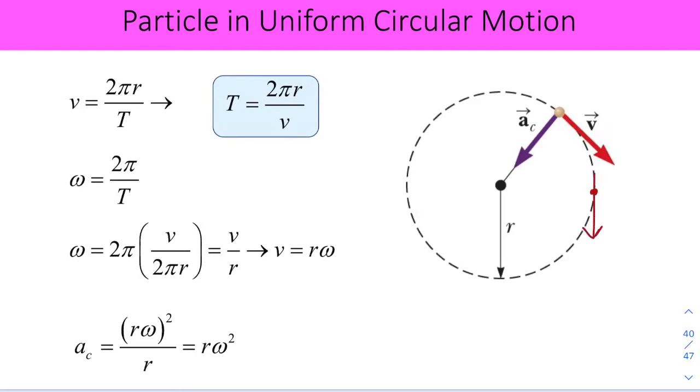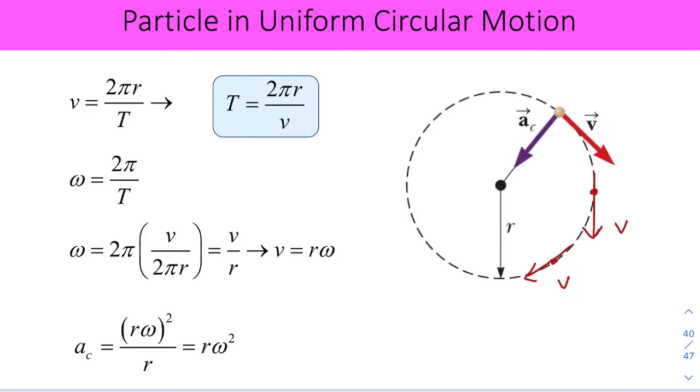So this is the v of the object. What about if it has already reached here? Tangent to the position of it here. So if you see here, the direction of the v keeps on changing even though the magnitude of it remains the same. Bear in mind, even though the magnitude stays the same.